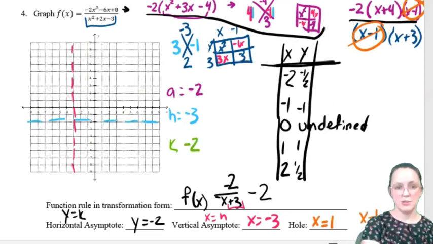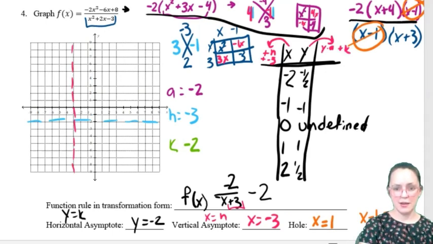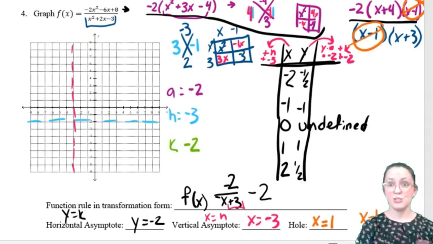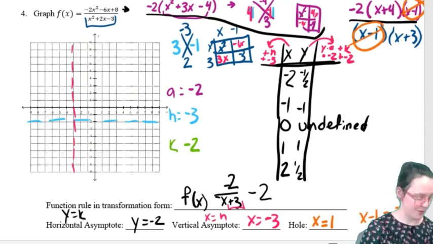So when we're doing these transformations, we're going to do x plus h. In this case, we're going to add -3, and y times a plus k, so we're going to go times -2 plus -2. Go ahead and pause this video and then do these transformations. I'm going to go ahead and fill them in right now.